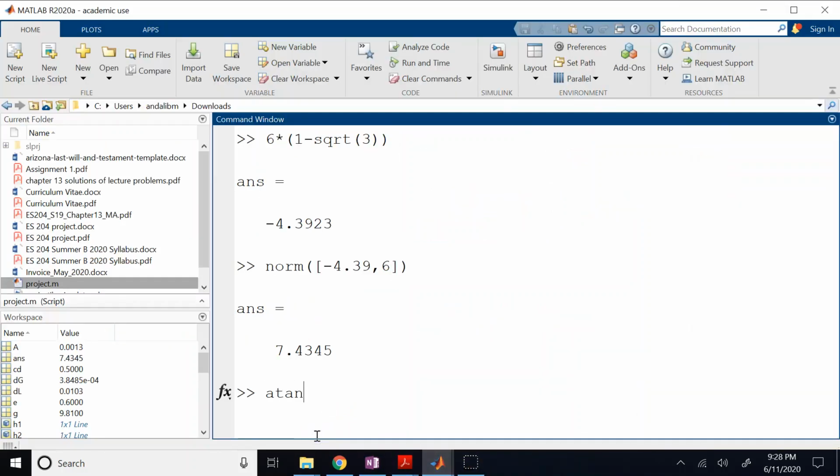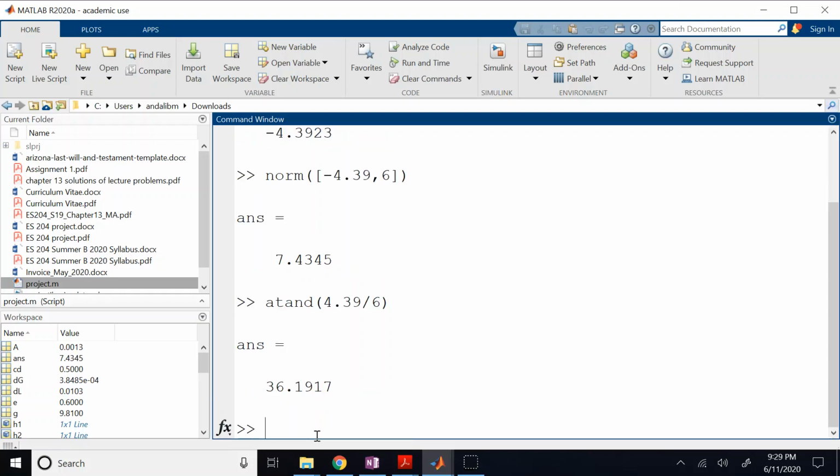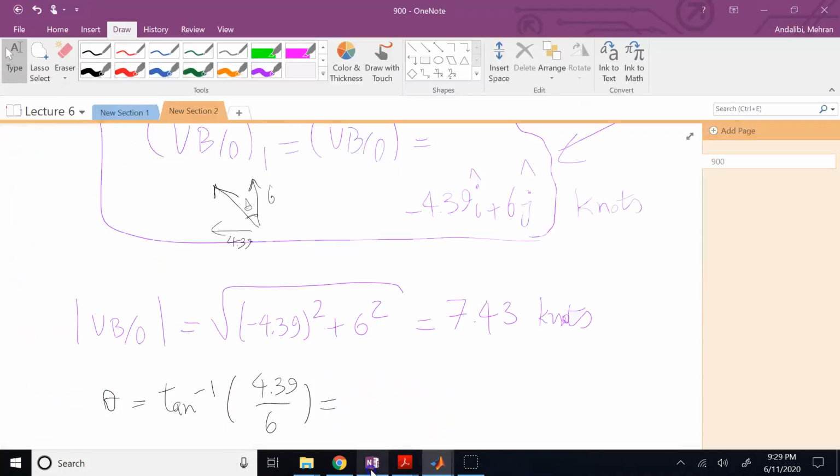so I use ATAND. Now ATAN, you know, in MATLAB gives you arctangents, but in radians. If you use D, it will be in degrees. 4.39 over 6, and that is 36.19.